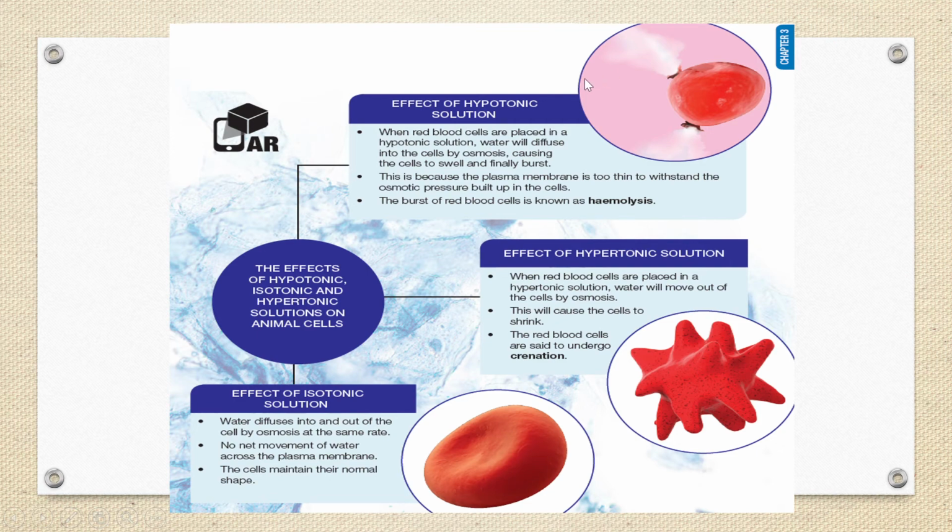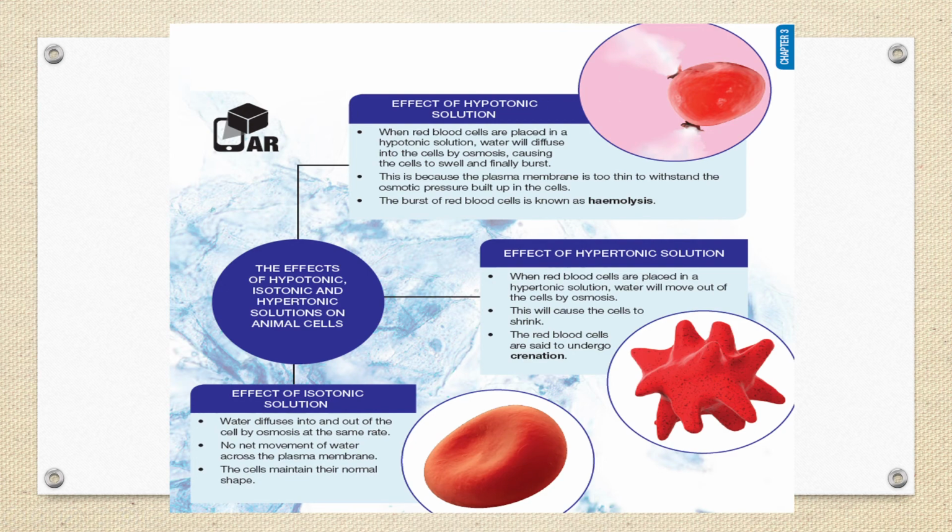The next question is, there is net movement of water, so from where to where? Very simple, you just ask yourself, which compartment has a higher water potential? Since the red blood cells are hypertonic to the surrounding solution, the surrounding solution is now having higher water potential.